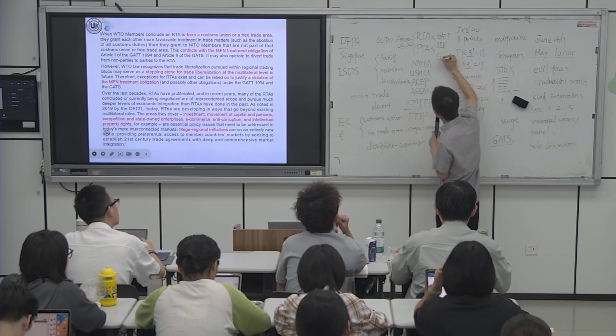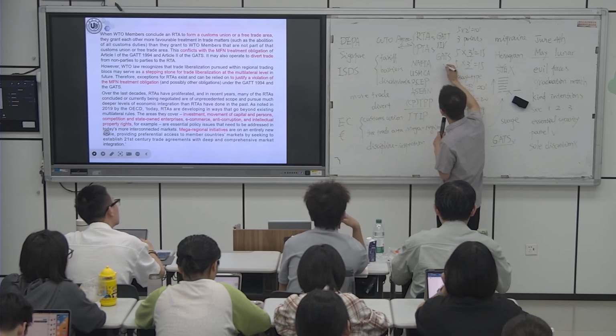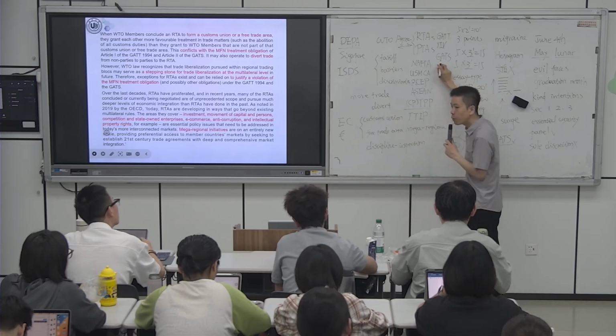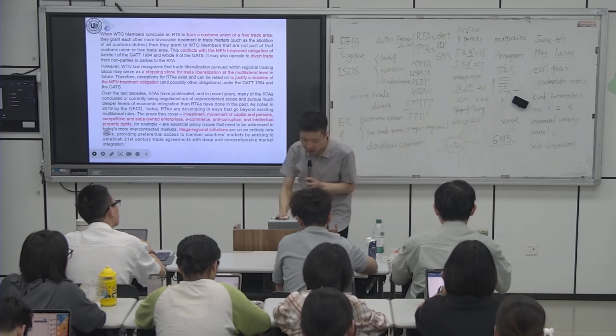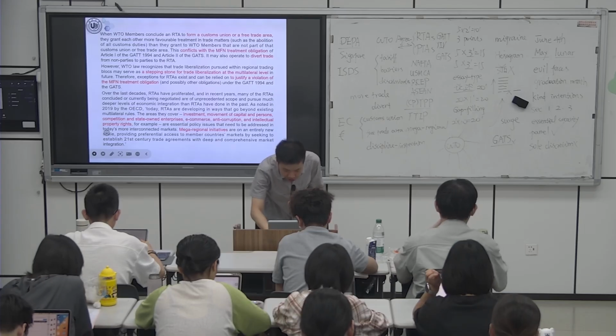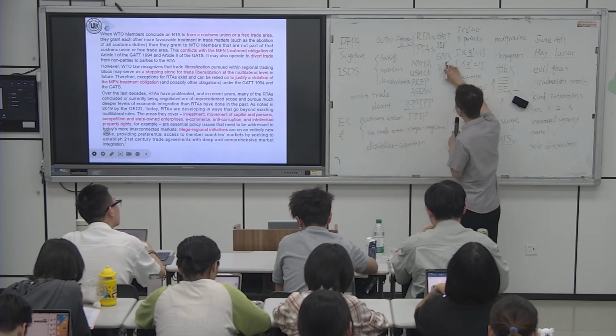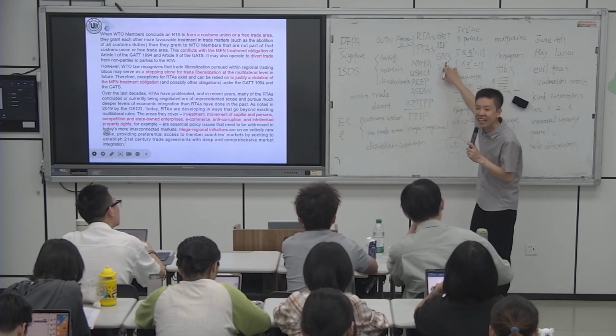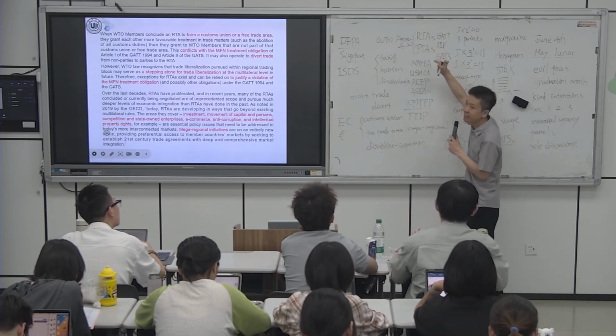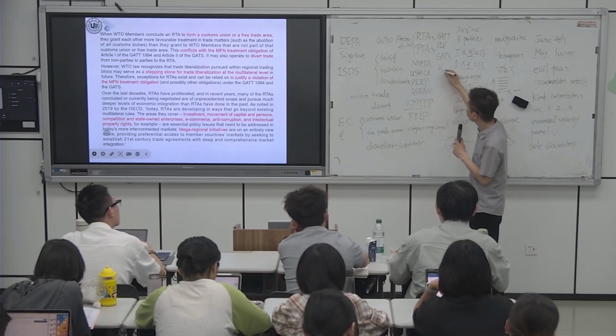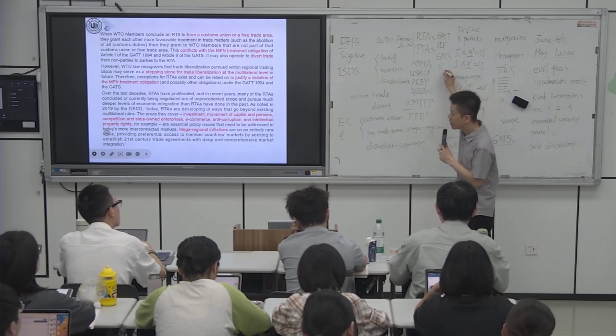But what about in GATS? It's an exception, Article what? Article 5. But it has another name. It's not called RTAs. It's called what?